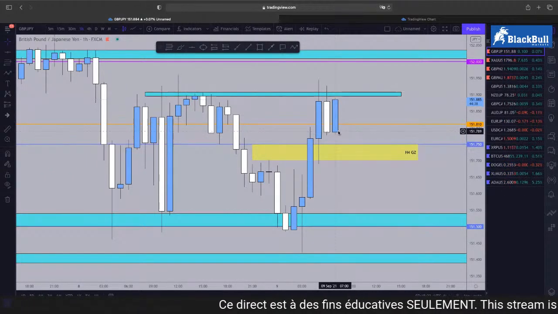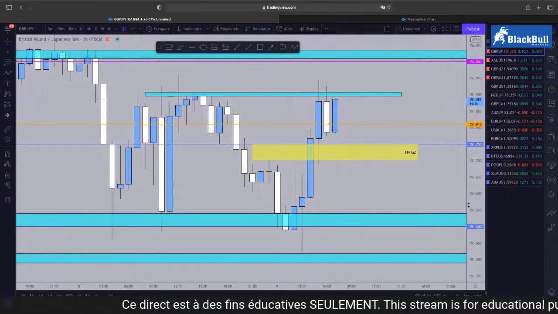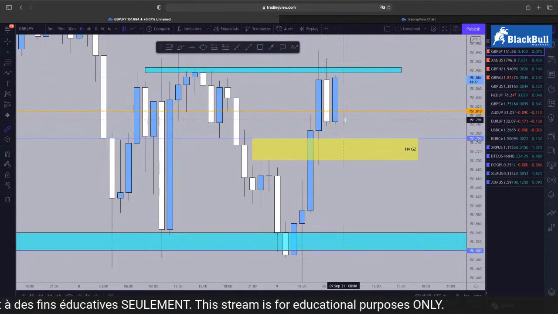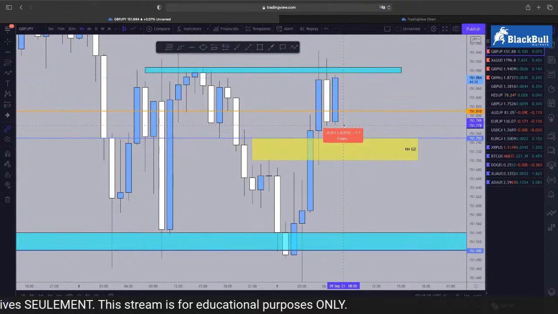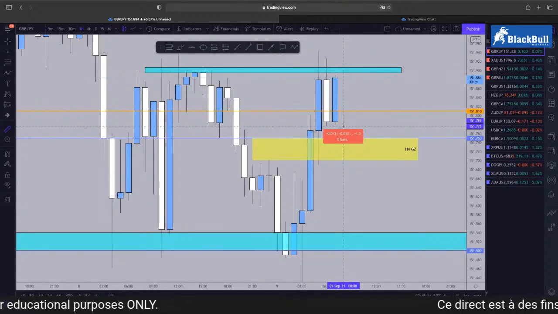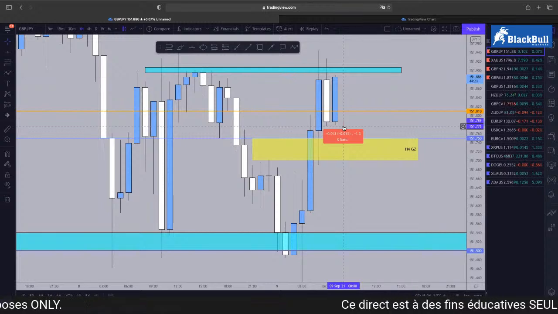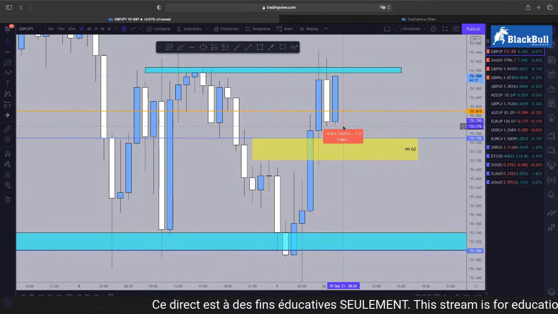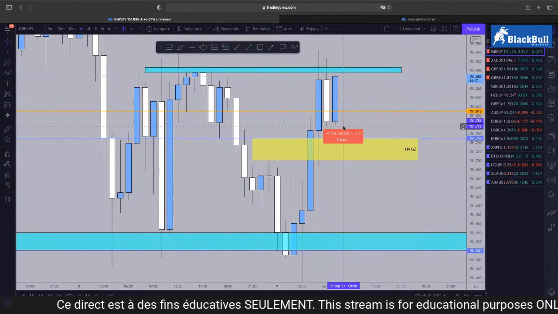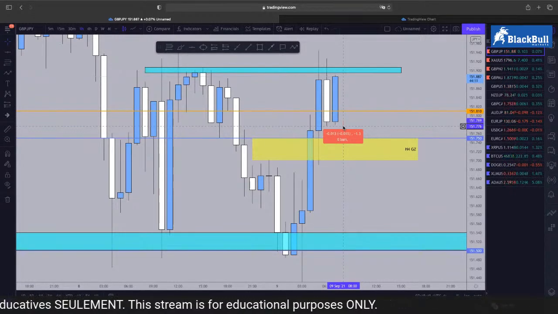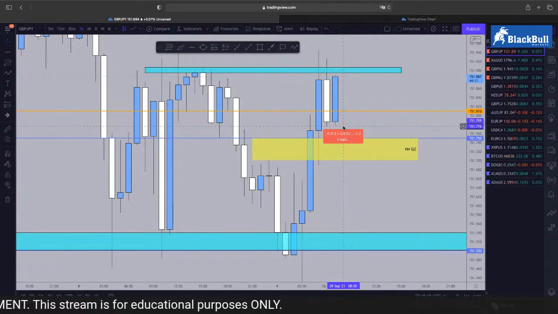So the difference for me entering at the opening of the candle and at the break of the low is like 1.1 pip or 1.3 pips. So for 1.3 pips, I'm willing to wait for better confirmation, right? If the wick was like 6-7 pips, I would probably be entering at the opening of the candle.